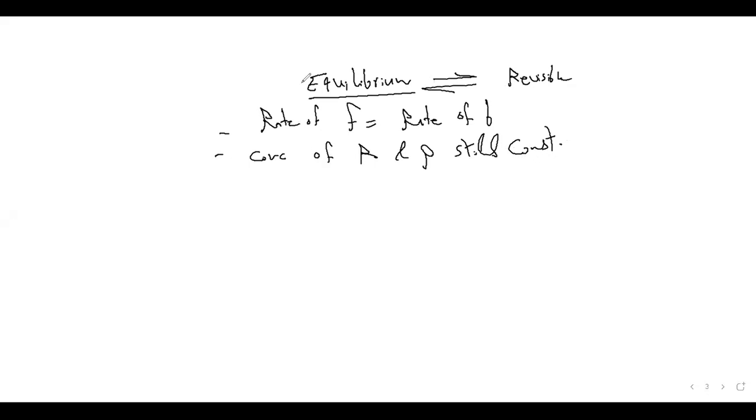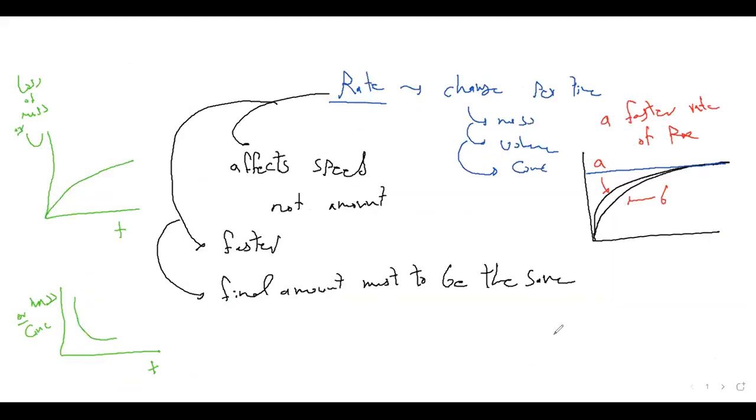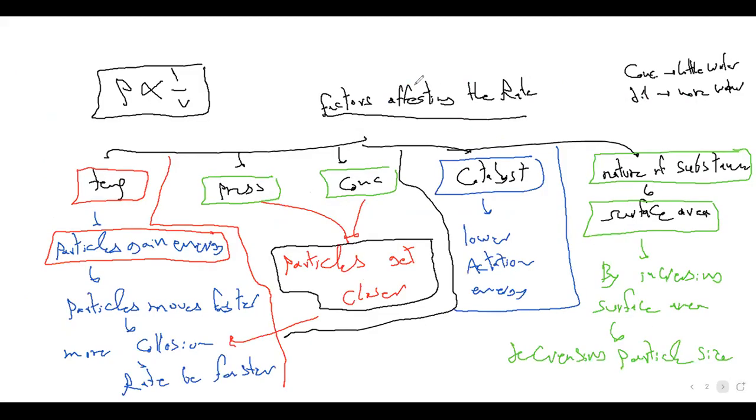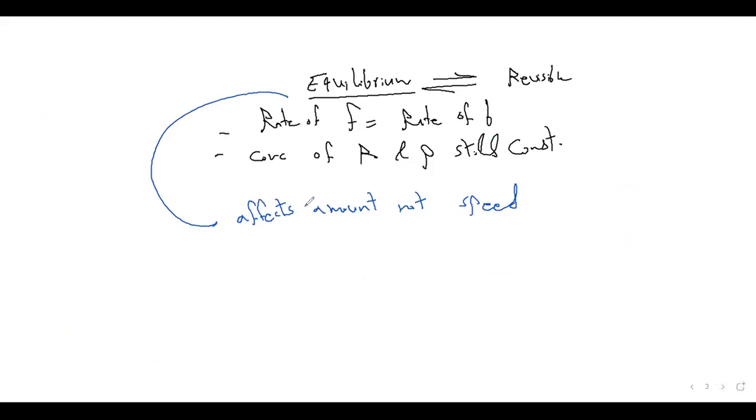Equilibrium affects amount, not speed, while rate affects speed, not amount.